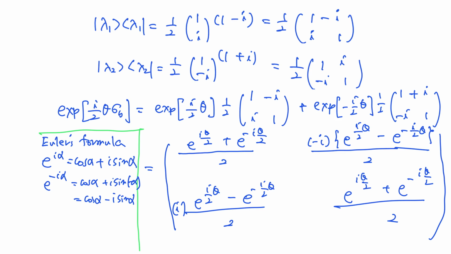So cosine alpha is exponential i alpha plus exponential minus i alpha, over 2. Sine alpha is exponential i alpha minus exponential minus i alpha, over 2i.